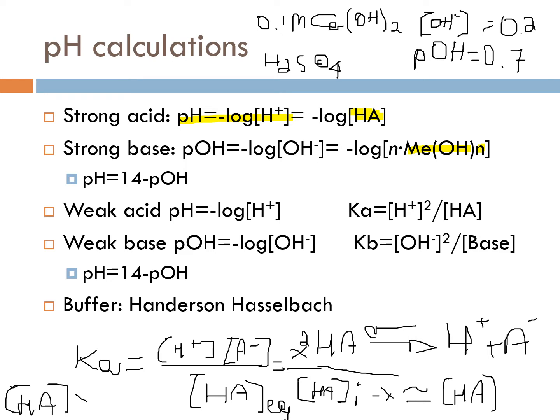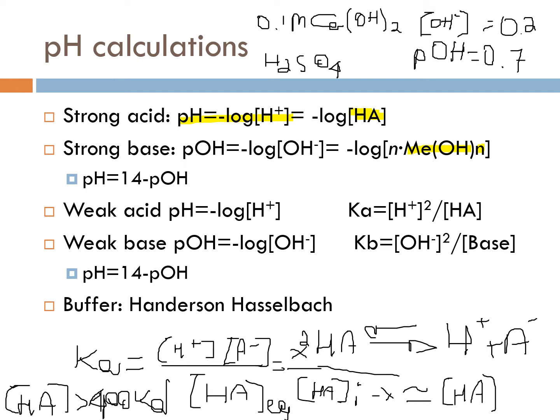And that means this inequality has to hold. So if the concentration of the acid is at least 400 times bigger than the value of the Ka, you should be fine doing this simplification. Just go for it.